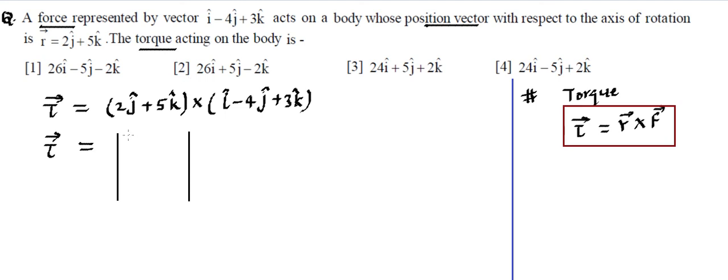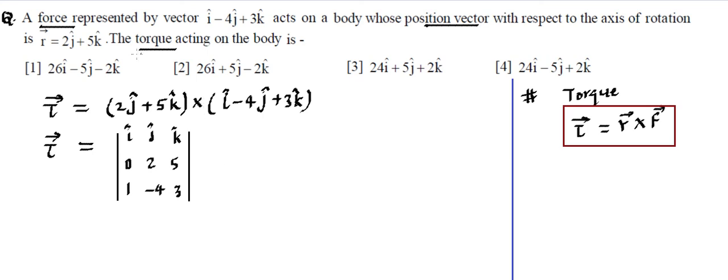So what we do in this determinant method, we write i cap, then j cap, then k cap. Then we write the first vector's coefficients. So its i coefficient is 0, so we write it as a 0. This is 2, this is 5. And then this second vector's coefficients, which are going to be 1, minus 4, and this 3.